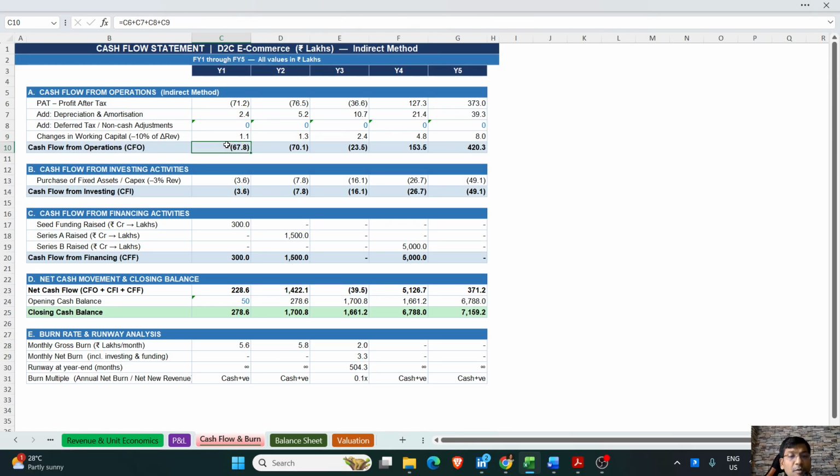So my cash flow from operations will be my profit after tax plus depreciation and amortization and change in working capital, and therefore that becomes a formula through which I can get my cash flow from operations. We've also assumed that my purchase of fixed assets or capex will be 3% of the revenue.